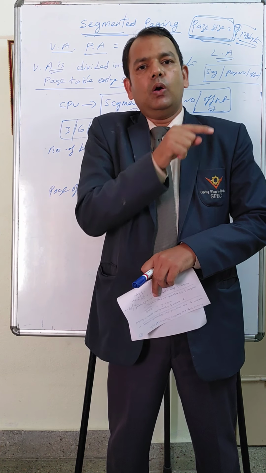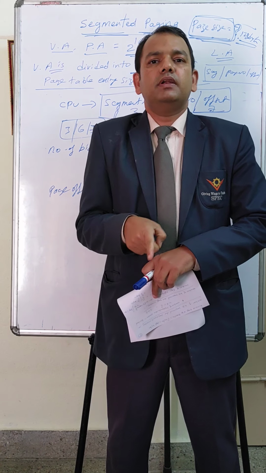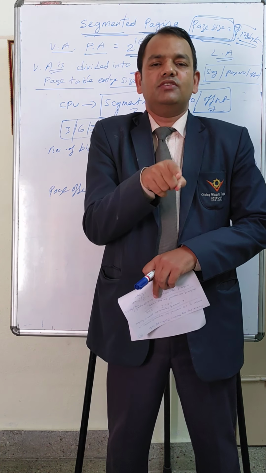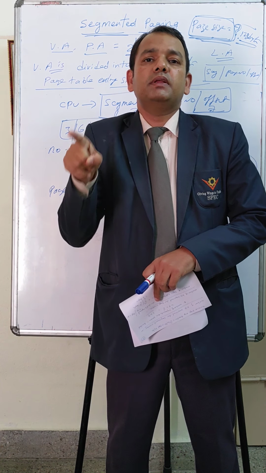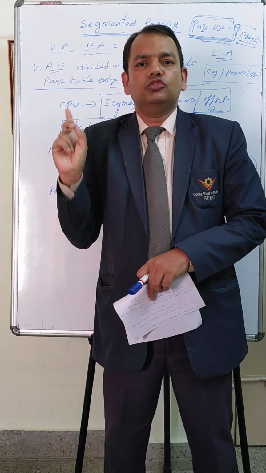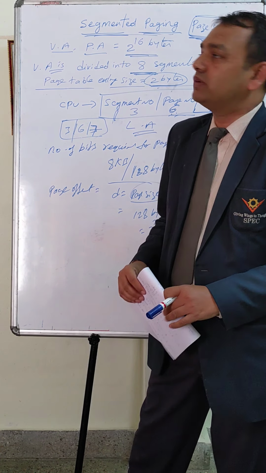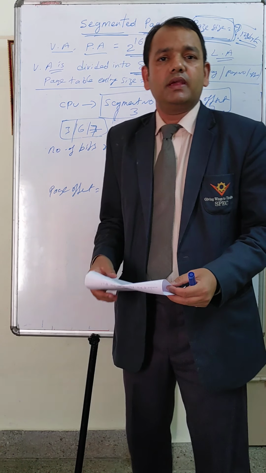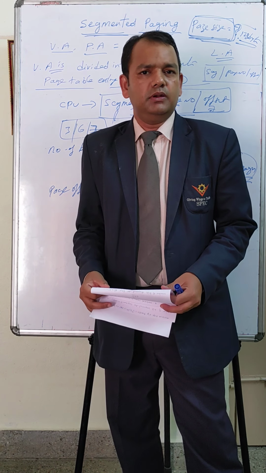Just as a segment is divided into pages, the page table again gives direction to the frame number: which page of the particular segment is stored in which frame in main memory. This is the sophisticated thing to implement, segmented paging, my dear friends. It is very complicated. Only in Pentium systems right now they are using segmented paging.